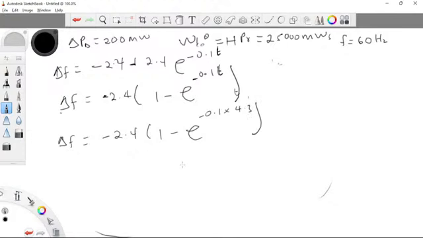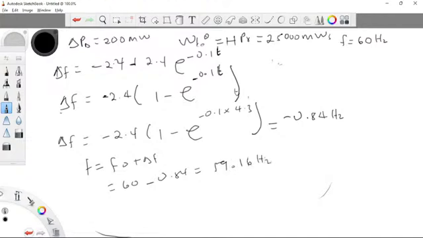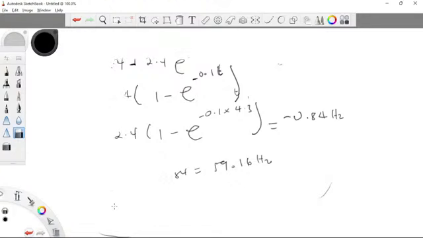By simplifying, you get delta f as negative 0.84 hertz. And our original frequency is 60, so our new frequency will be 60 minus 0.84, which is 59.16 hertz. Yes.